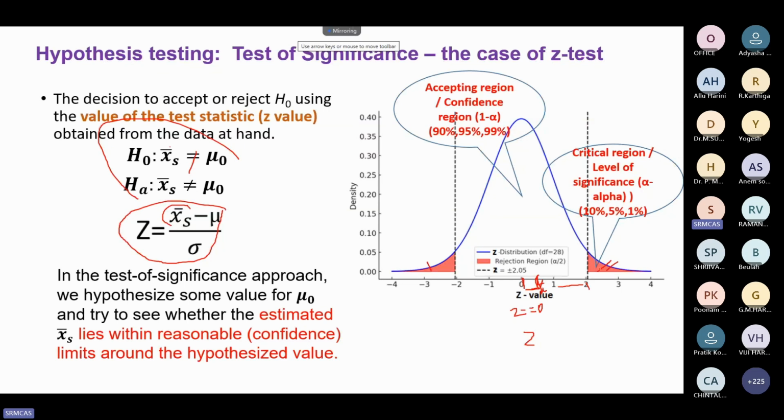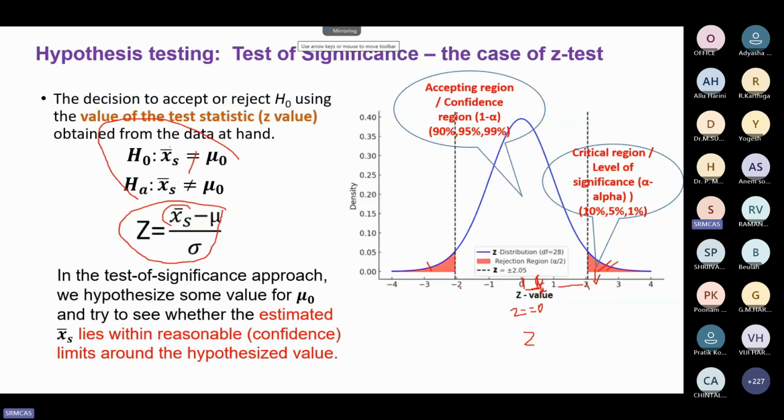For example, if you take type 1 error of 5%, both sides 0.025 and 0.025 sum to 5%. If the z value is more than this, then the type 1 error is less than 5%, so we can reject the null hypothesis and accept the alternative hypothesis. Like that, we can decide whether the hypothesis should be rejected or not.